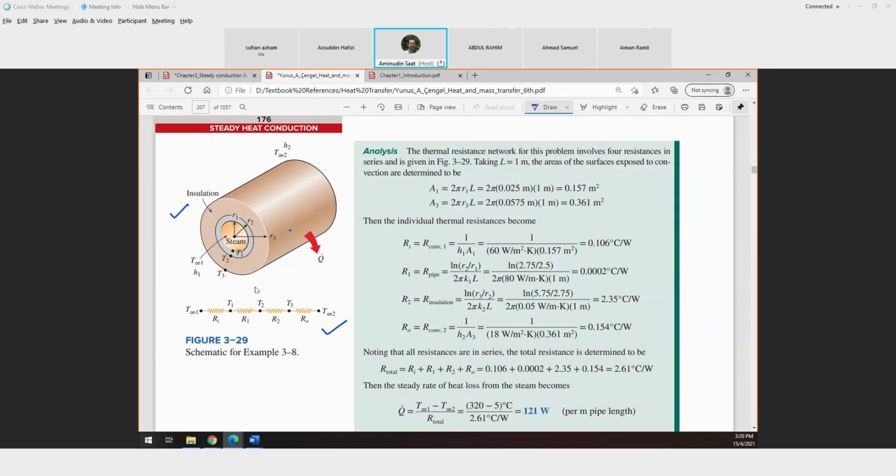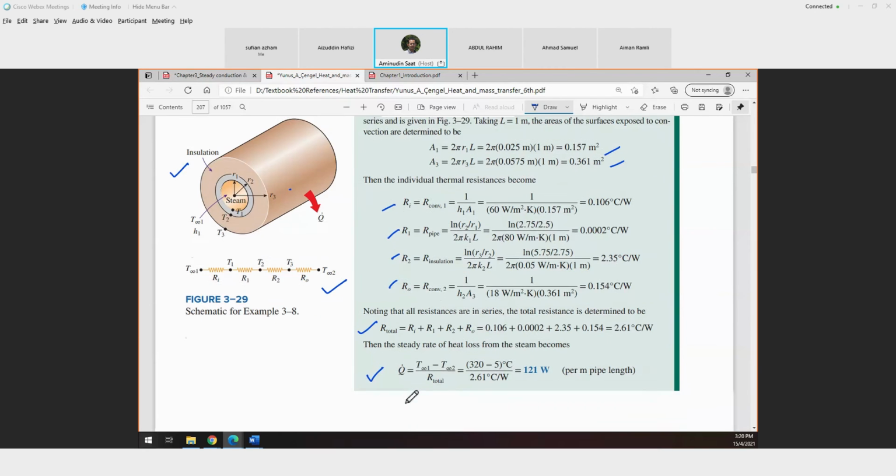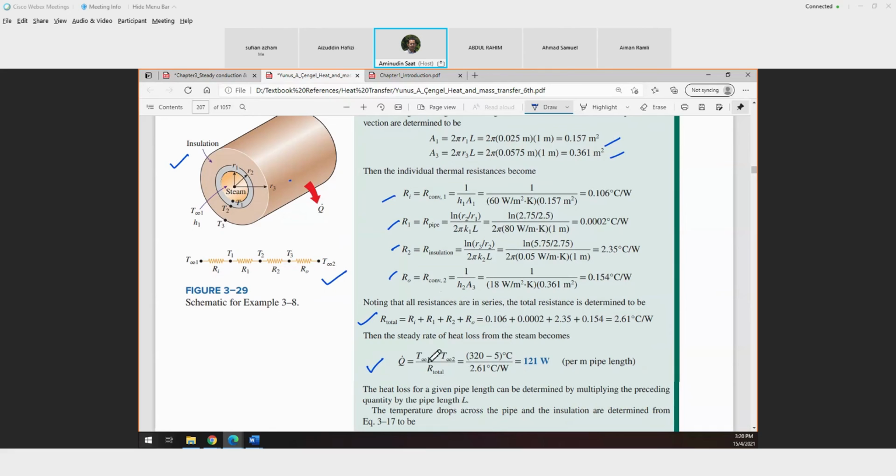So you calculate the area, you calculate the thermal resistance in each section, and you find the total resistance. Then you calculate the heat rate based on the temperature difference from inside to outside, based on the total resistance.